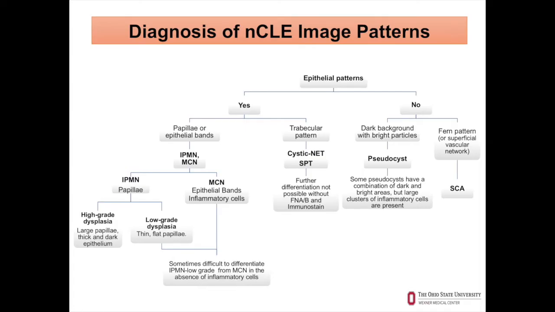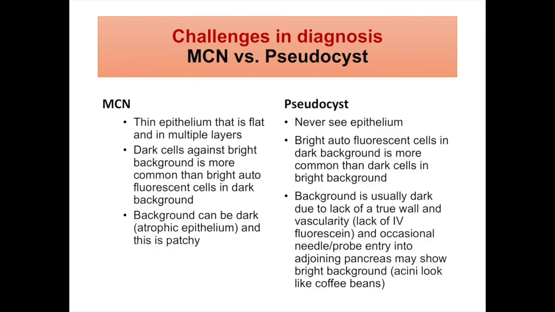Since you are evaluating the endomicroscopy of these lesions without background clinical features, it sometimes is difficult to differentiate a mucinous cystic neoplasm from a pseudocyst. The key difference is that in mucinous cystic neoplasms, you will see thin epithelium, which is the hallmark.